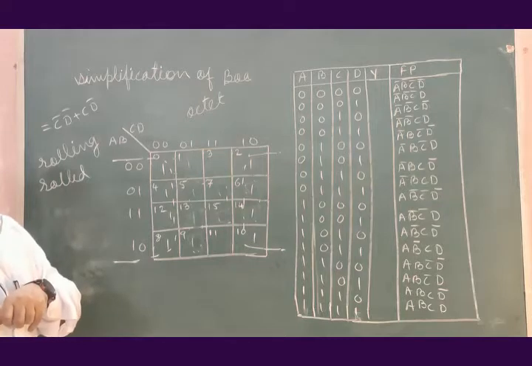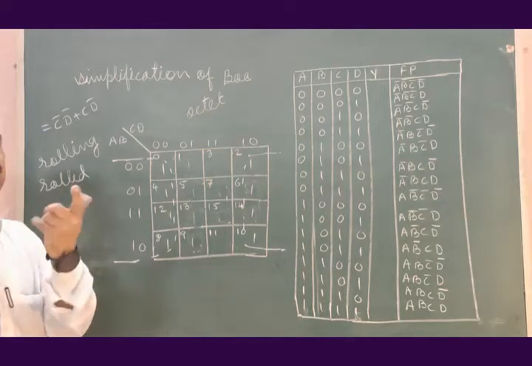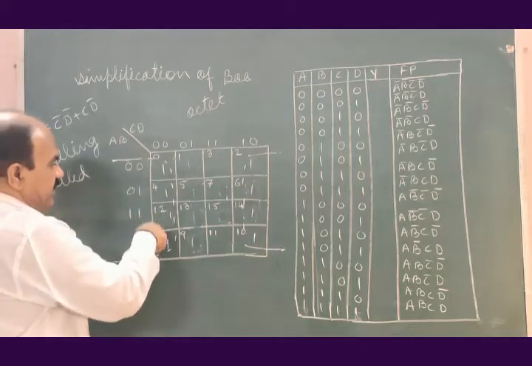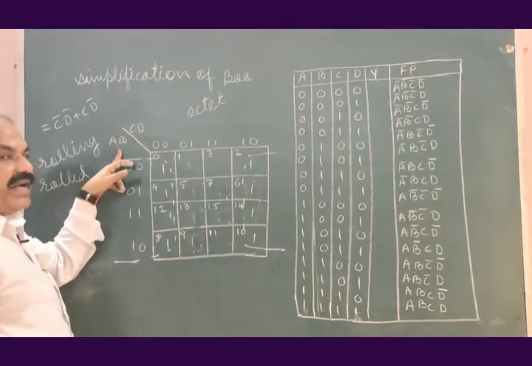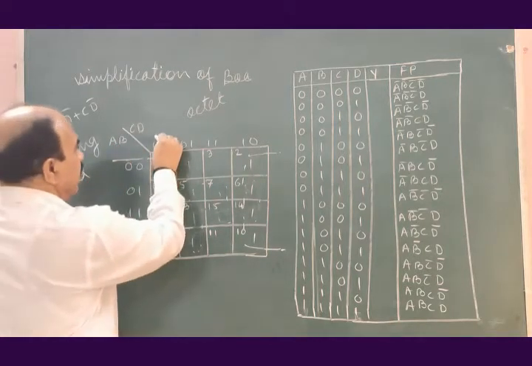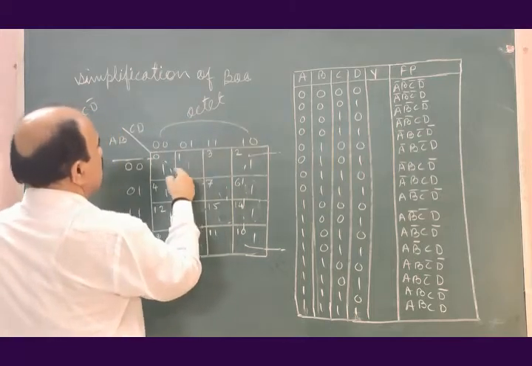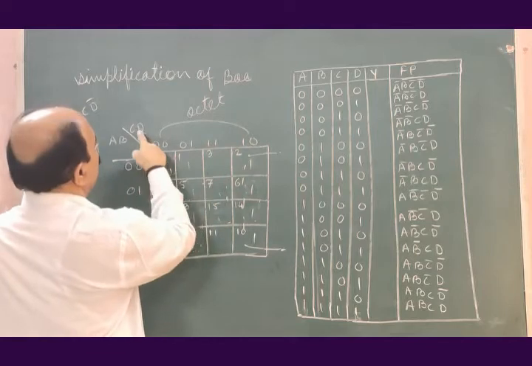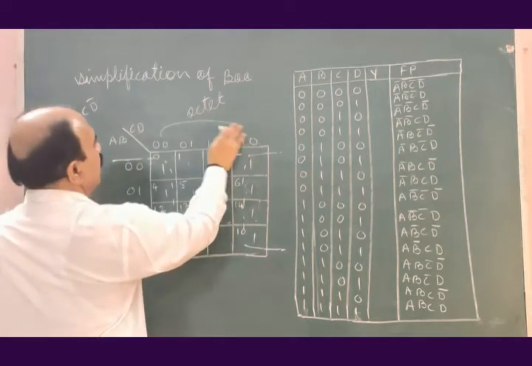And what is the importance of forming an octet instead of two quads? All these A, B and their complements will go away. Consider these two cells: D is the same, C is changing its form, so C and its complement will go away.